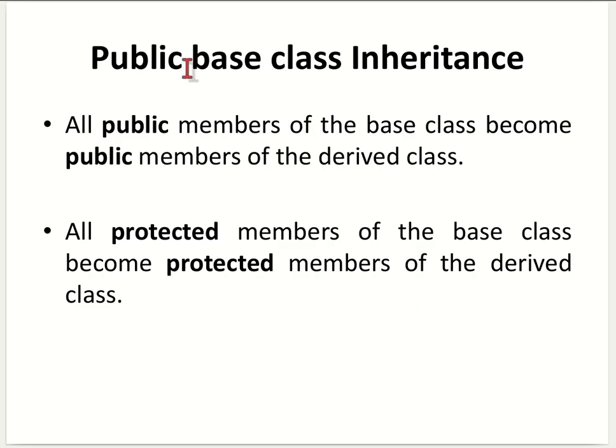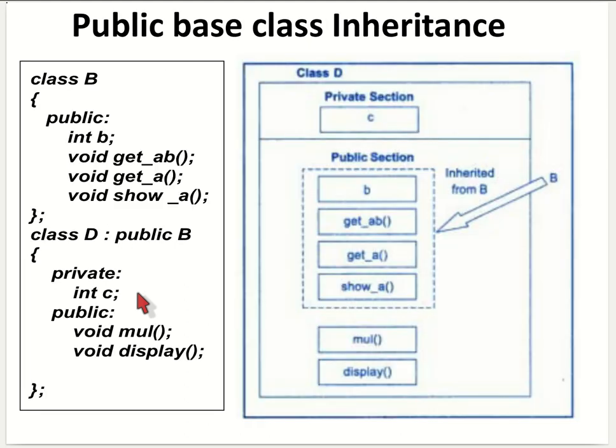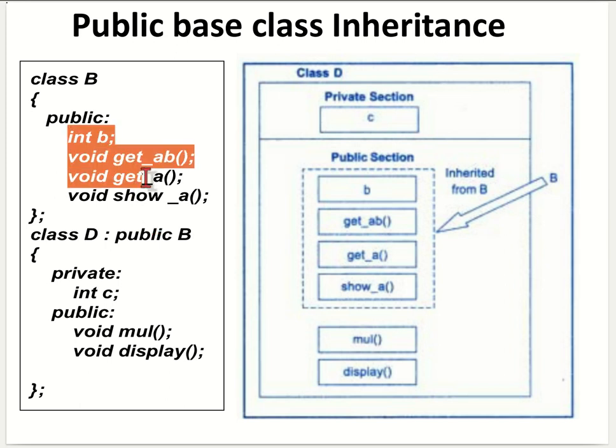Here we have discussed public base class inheritance. All the public members of the base class will become public members of the derived class. All the protected members of the base class will become protected members of the derived class, and the private members will not be inherited at all. Here you can see class B, and D is inheriting from B. All these things are public only, and D will inherit them inside the public section.